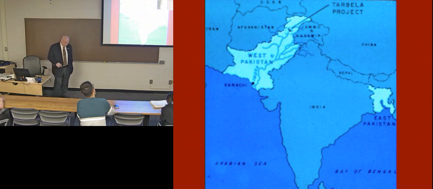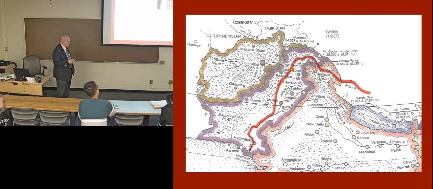Now, the river on which the dam is constructed is the Indus River. The Indus River goes into the highest ranges of the Himalayan mountains. The red line is the Indus. Well, there are branches to it, so forth, but that's the main course of the river. It starts in China.